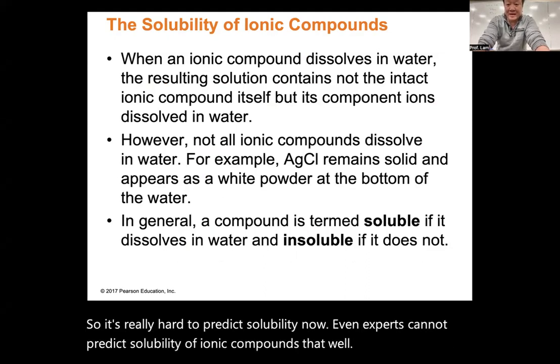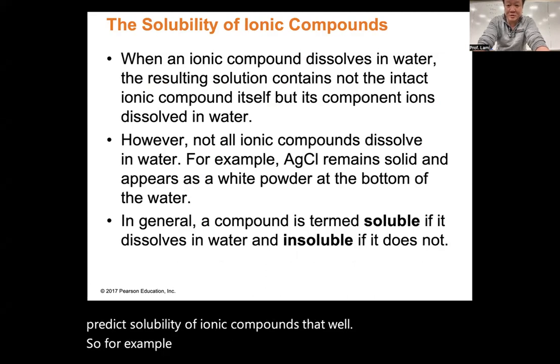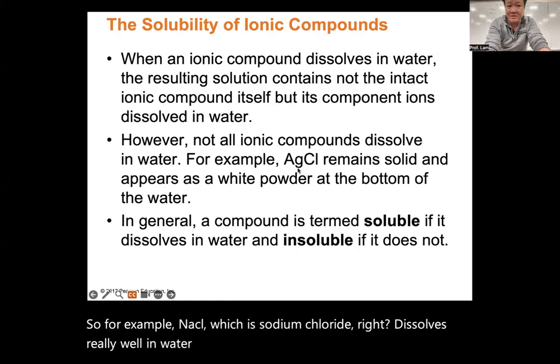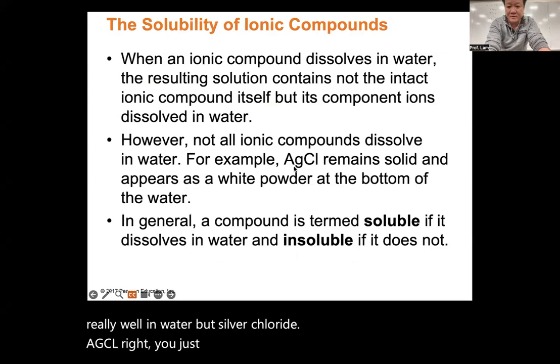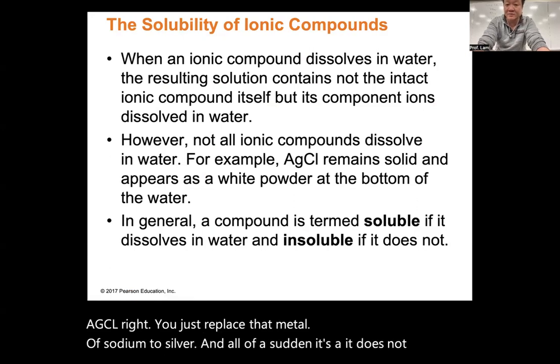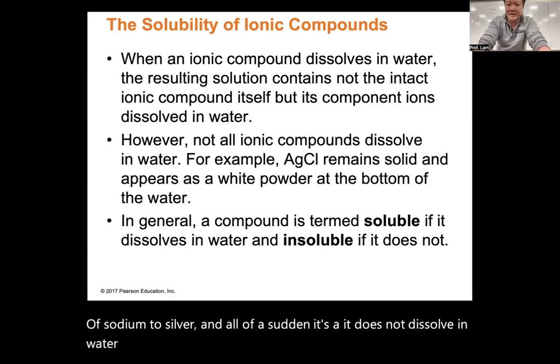So for example, NaCl, which is sodium chloride, dissolves really well in water. But silver chloride, AgCl, you just replace the metal of sodium with silver, and all of a sudden it does not dissolve in water. And it's kind of hard to explain why.